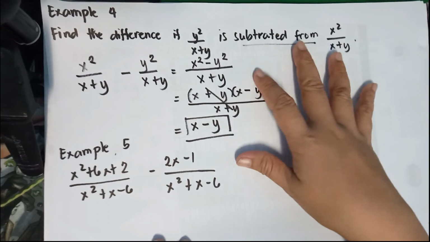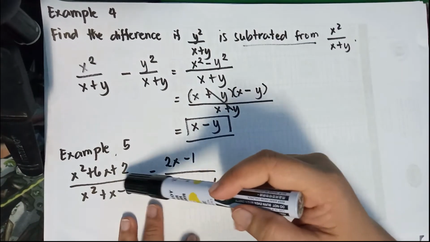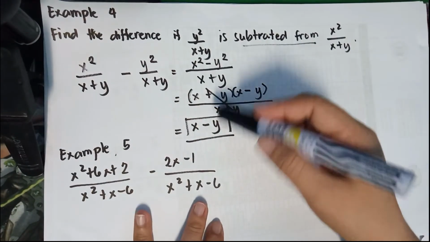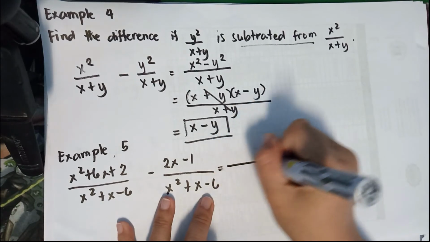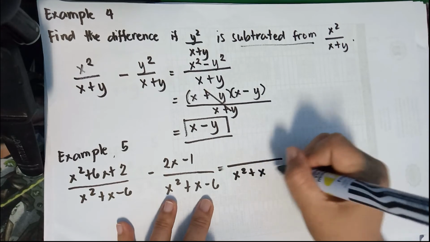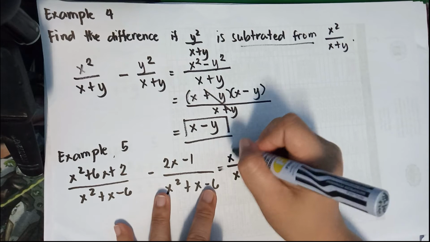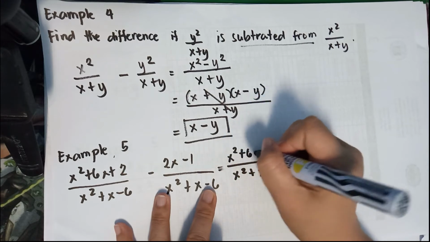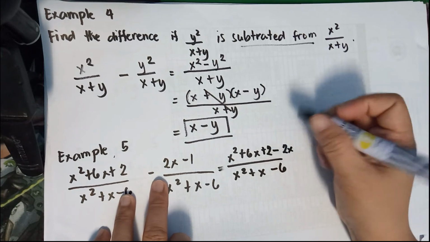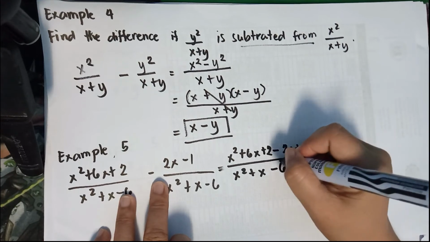Example number 5. x squared plus 6x plus 2 over x squared plus x minus 6 minus 2x minus 1 over x squared plus x minus 6. Since we have the same denominator, copy the denominator x squared plus x minus 6 and subtract the numerators. x squared plus 6x plus 2 minus 2x, and negative times negative will become positive 1.